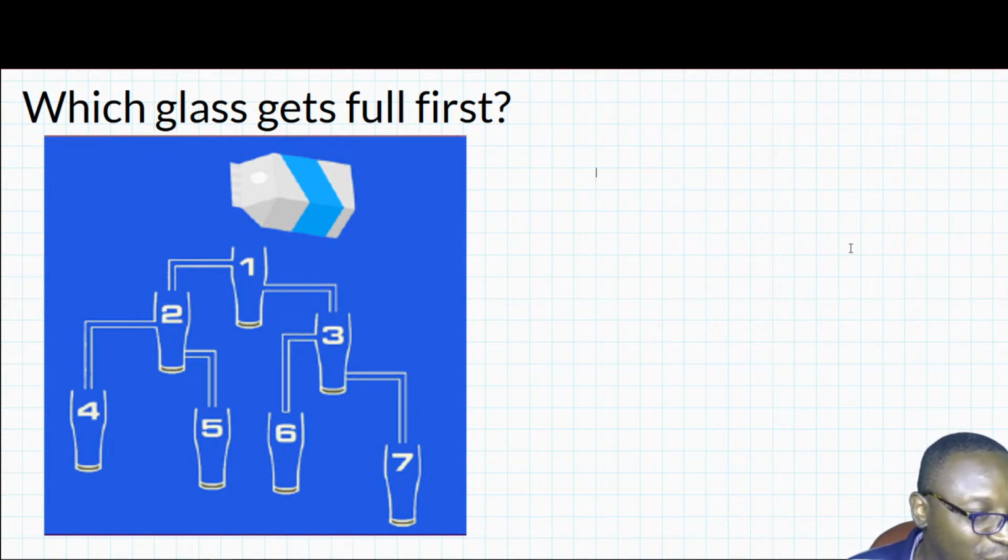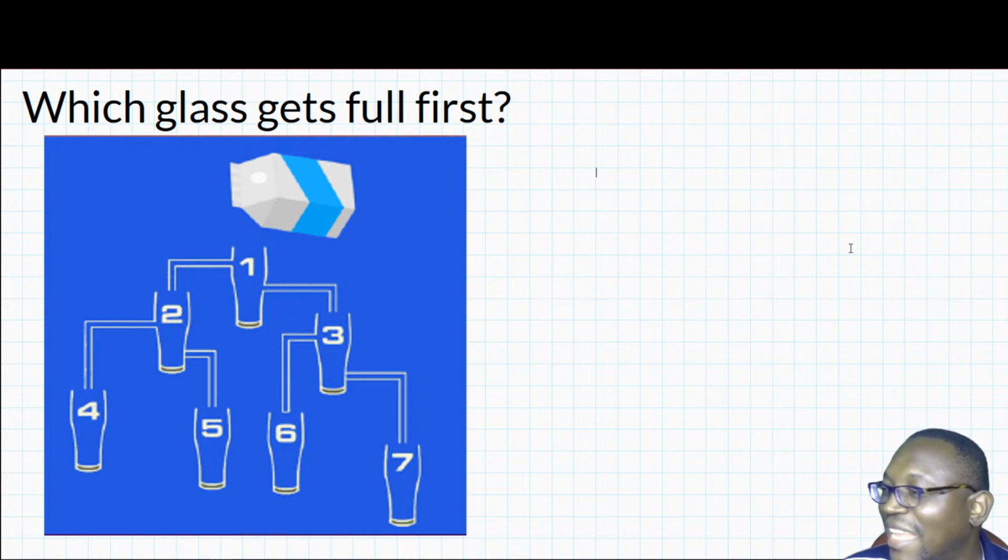This will be fine for you as well. So which of these glasses, 1, 2, 3, 4, 5, 6, or 7, which one will get full first? 7. Okay, that's interesting. Let's see if anyone else has a different glass that gets full first.